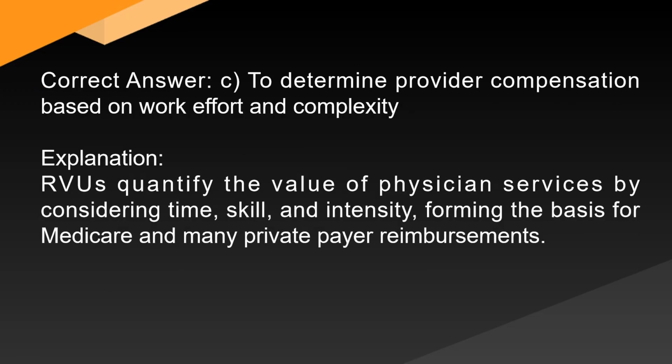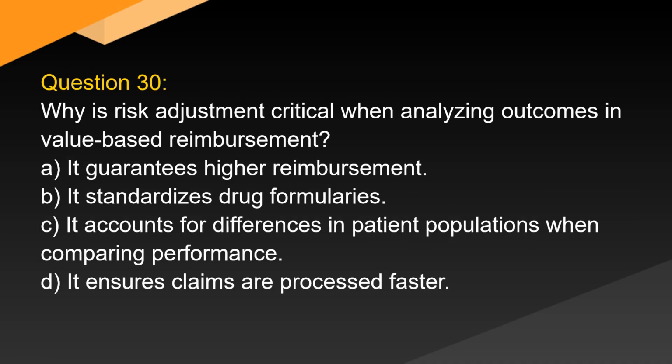Correct answer: C. To determine provider compensation based on work effort and complexity. Explanation: RVUs quantify the value of physician services by considering time, skill, and intensity, forming the basis for Medicare and many private payer reimbursements.